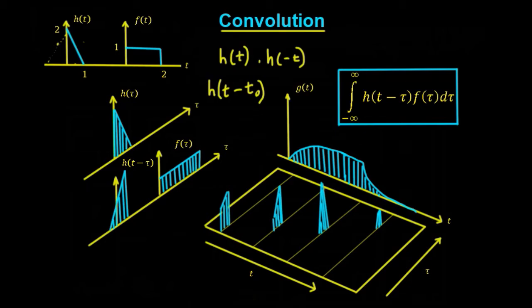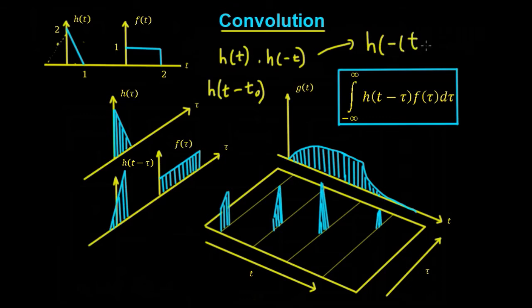Now this is a detail I think tends to get missed out when you're learning this at first. When we're doing the sliding, we're not sliding the function h of t, we're actually sliding the function h of minus t because it's been flipped. So in order to flip it and produce the sliding, we're going to end up with a function h of minus t, delayed by some factor.